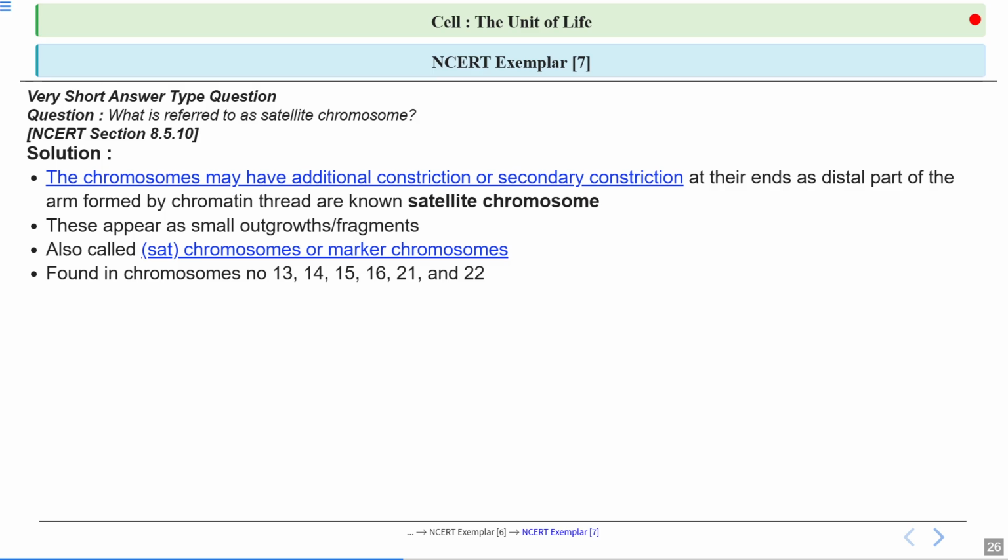If you remember which chromosomes have satellites, you can easily give the answer. This is very important information. Here you can see this is one constriction and this is the second constriction. These are called satellites.